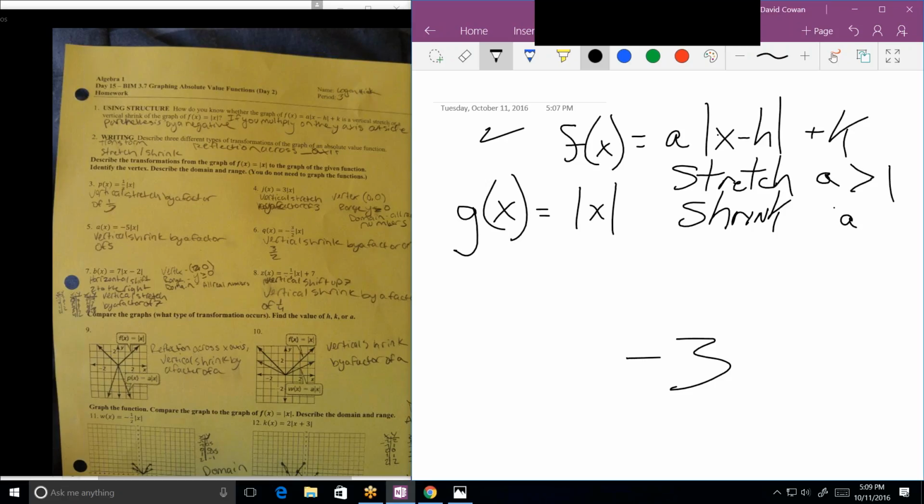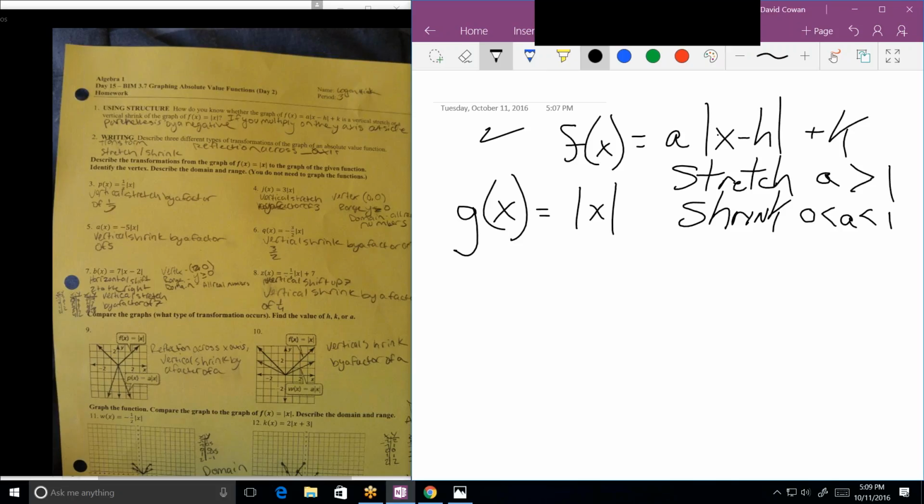So if a is greater than 0 or less than 1, in other words, it's got to be in that interval between 0 and 1. It's not just less than 1, because big negative numbers are stretches. Okay, the only thing that's going to represent a shrink is if a is between 0 and 1.